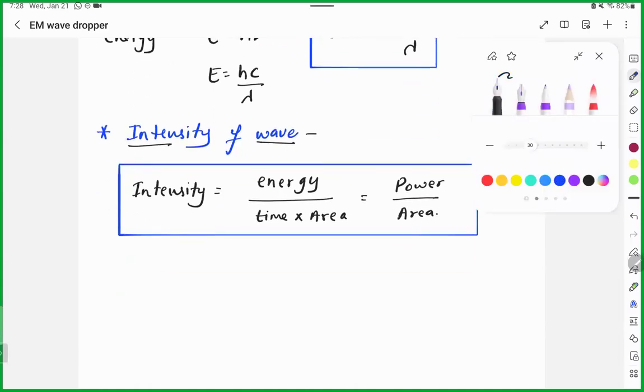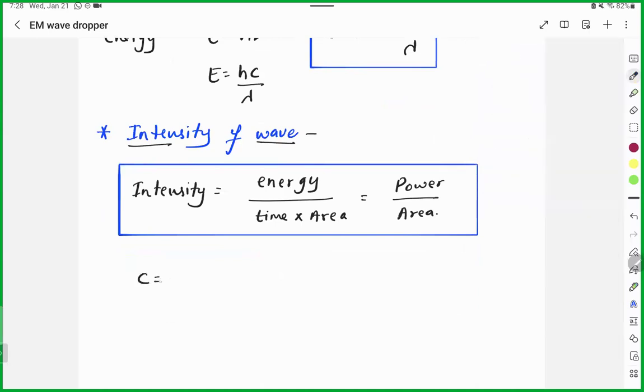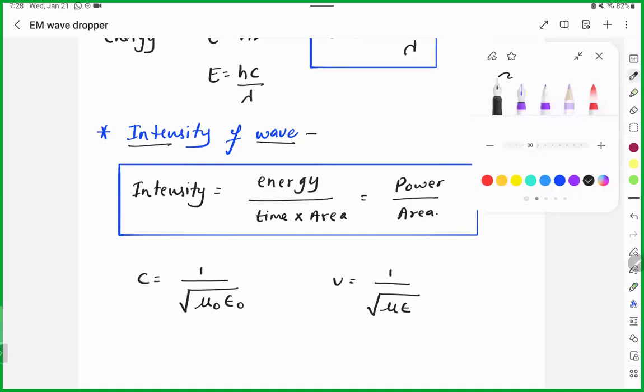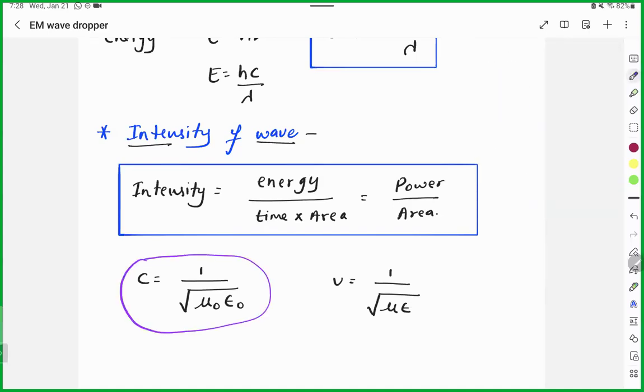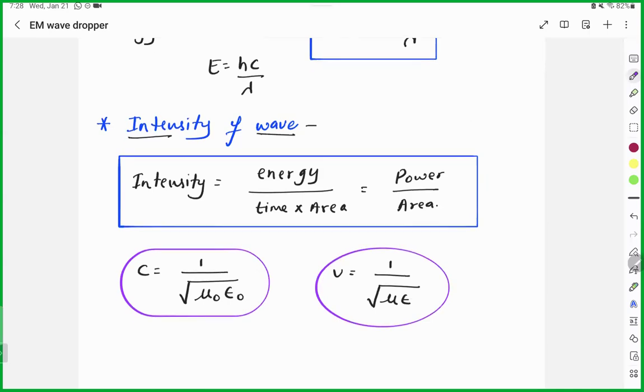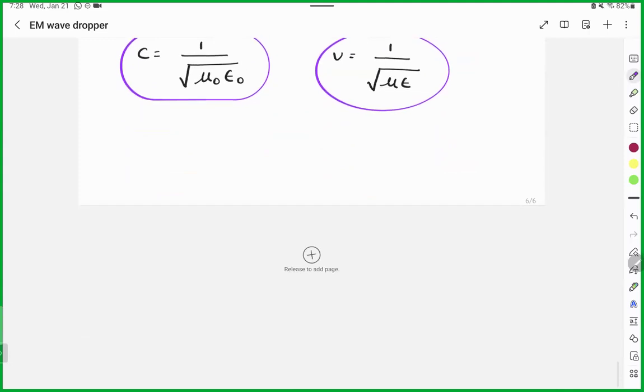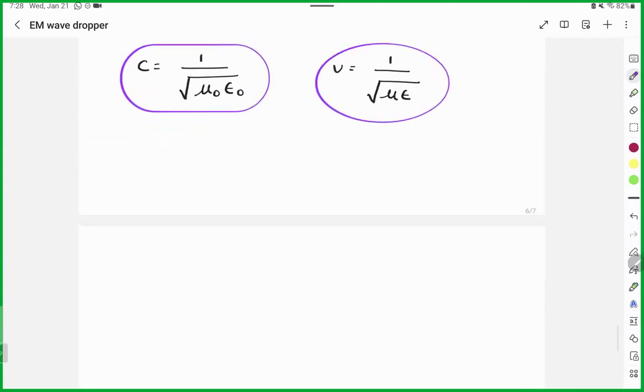So using this equation, if you see speed of light, what will be the formula, Sarah? Correct? C is the speed of light, and V is the speed in any other situation except this.